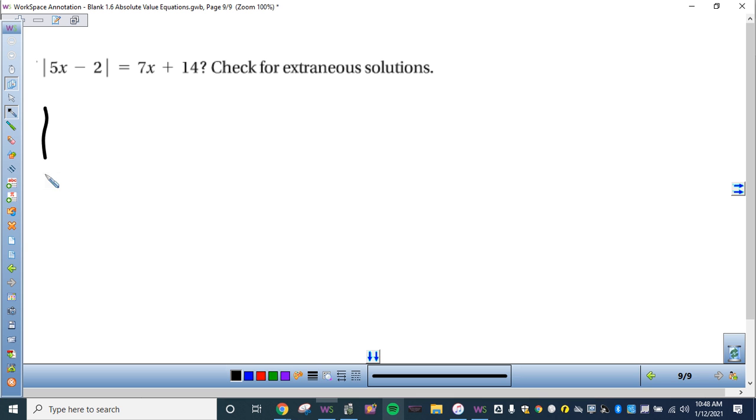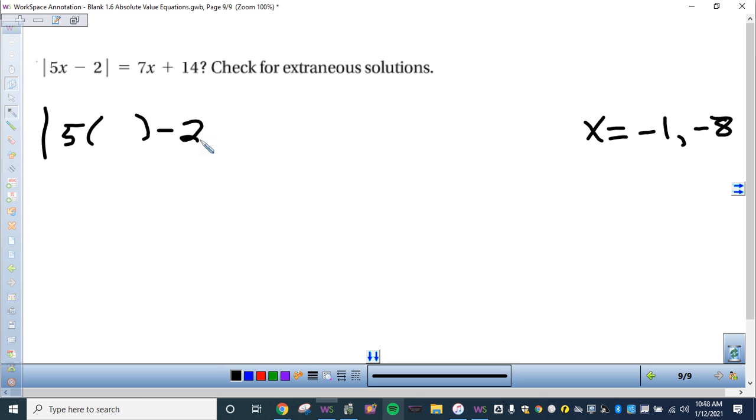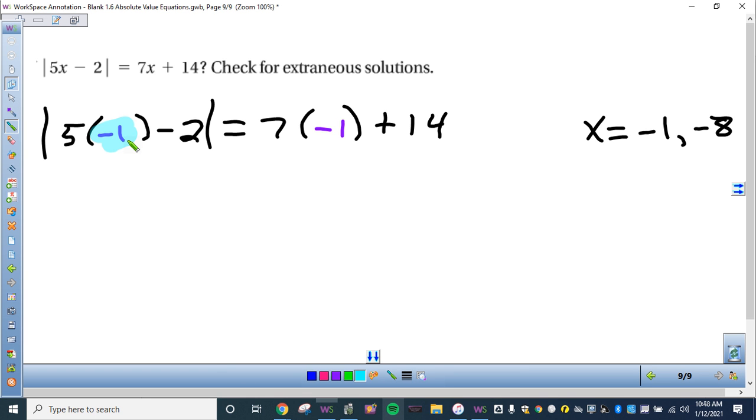Alright, so I want to check -1 and -8. I just wrote it over there so I don't forget. So we'll plug in that -1 first. So that's where it came from.